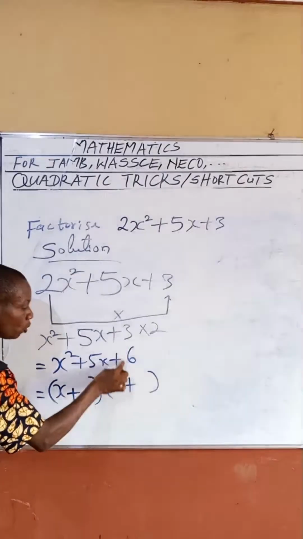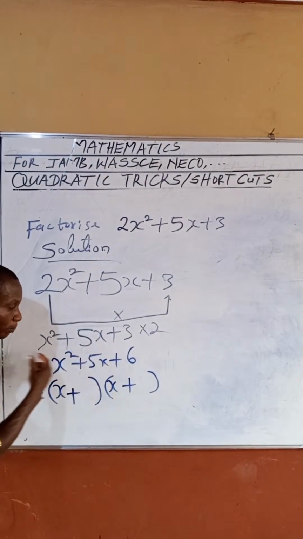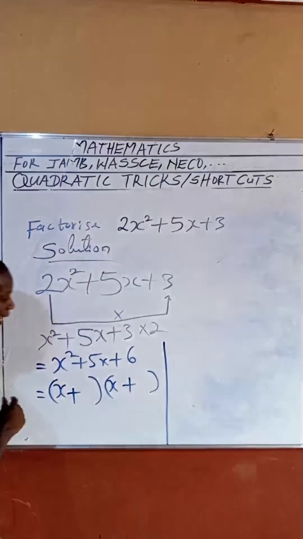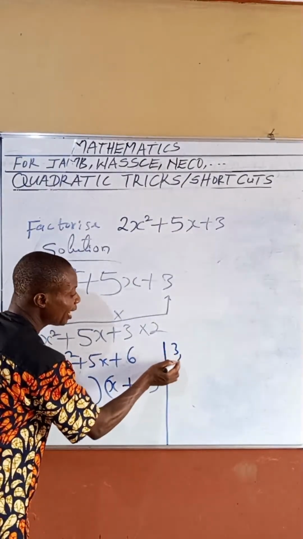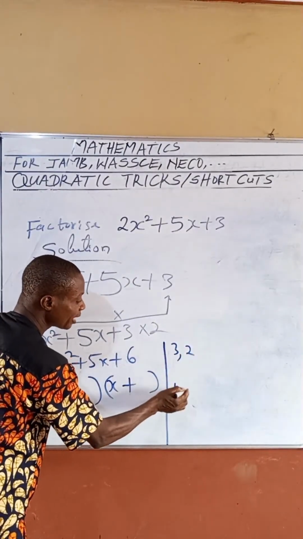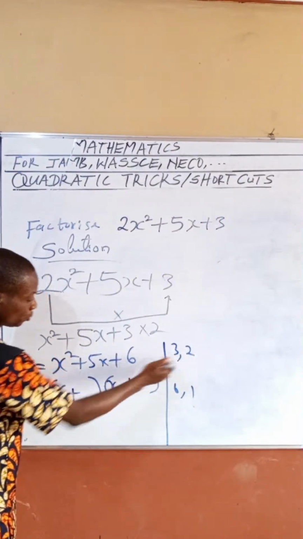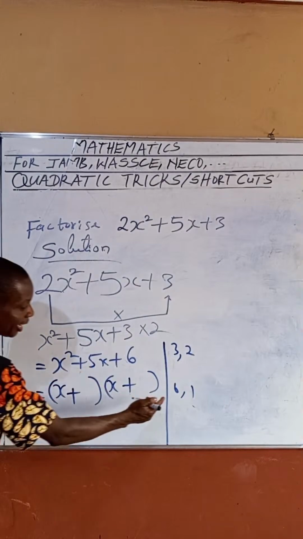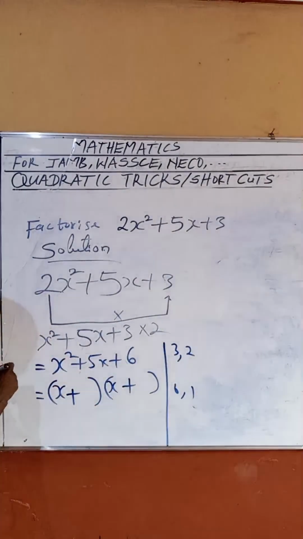Now, what are the two numbers that will be added to give 5, but when multiplied give 6? We can have 3 and 2, or 6 and 1. Which of them is the answer? 3 plus 2 is 5, and 3 times 2 is 6.